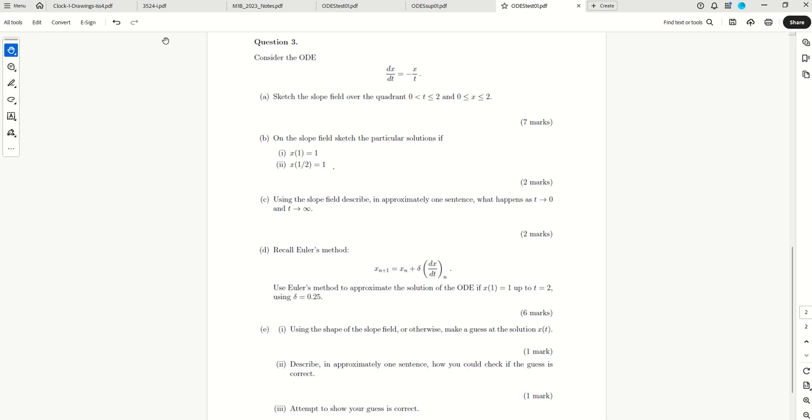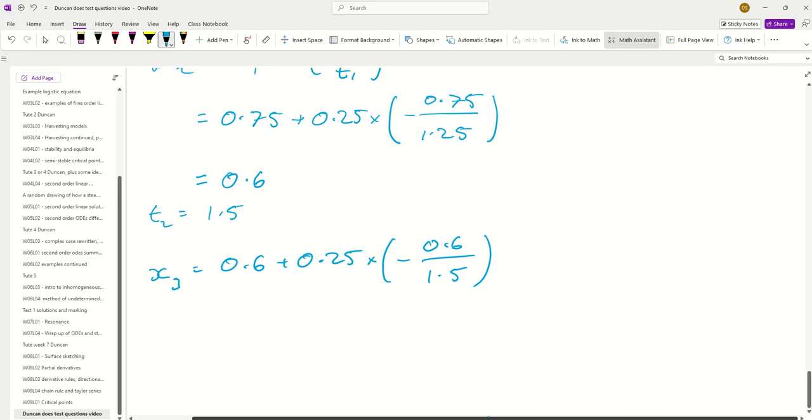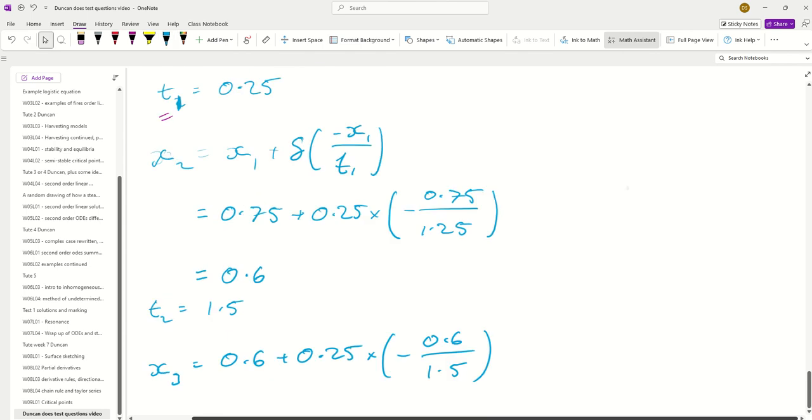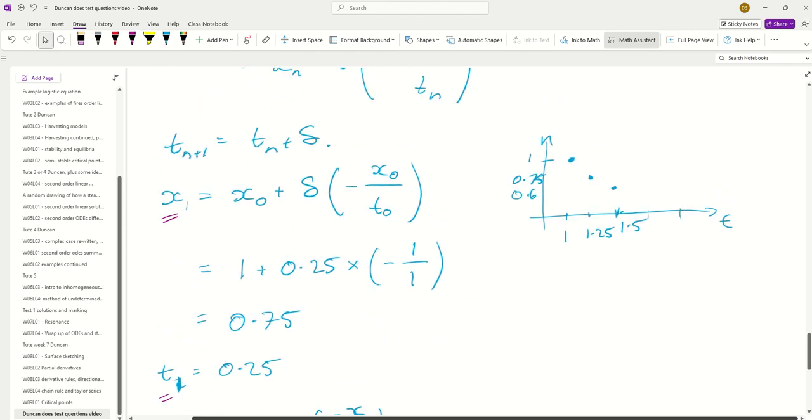Right, this thing works out to be minus 0.1. So that's 0.6 minus 0.1. I can do that one in my head. t3 is 1.75. So now I've gotten to a half. Right, and indeed, I went down from 0.25 down, 0.15 down, now I've gone down 0.1.